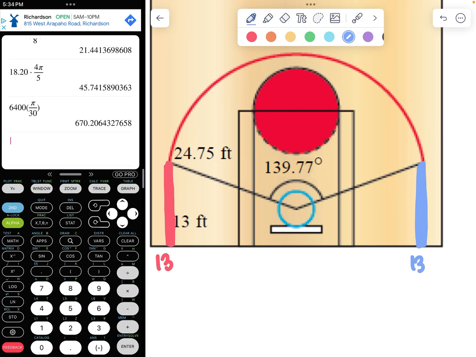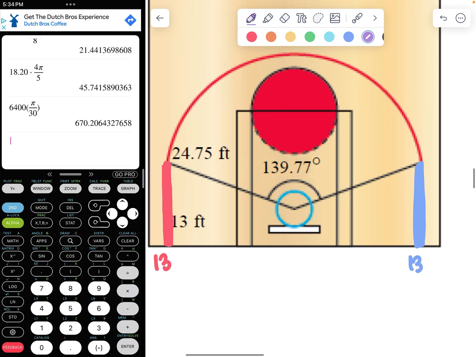So I've got those two ends. The part that I now need to figure out is this arc here. And when I'm trying to figure out the arc, that's where I'm going to have to use my arc length formula. So this 24.75 is telling me the radius right here.